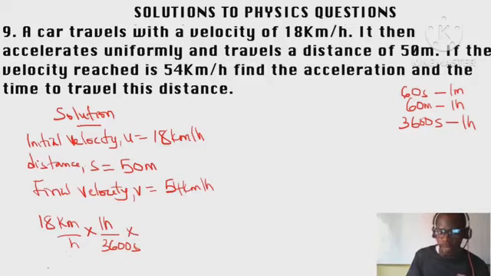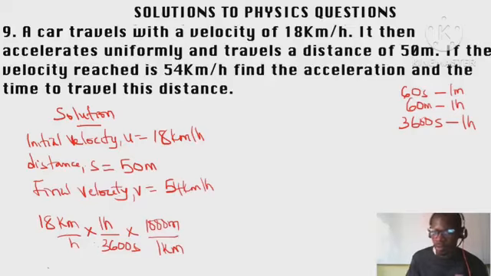Then we multiply by the numerator. What we have in the numerator is kilometer. So we are going to have 1,000 meters over 1 kilometer. 1,000 meters also equals 1 kilometer. As you can see, 1 hour equals 3,600 seconds, so they are both the same and they will cancel out. That's 1. 1,000 meters and 1 kilometer are also the same, so they will cancel out.